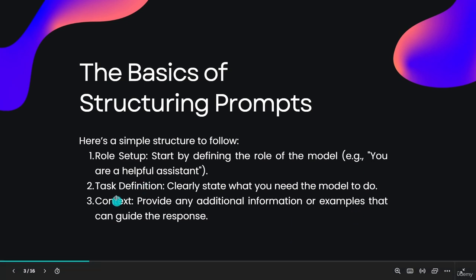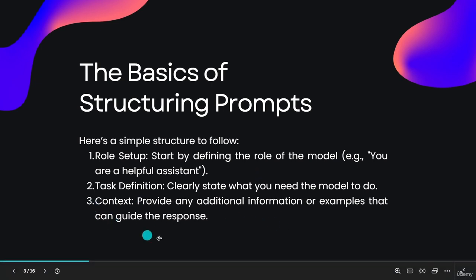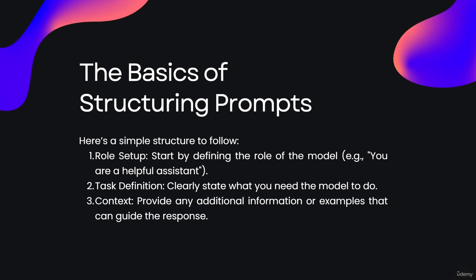After assigning the role, we define our task, which is what I need from the AI. Next, the third one is context. We have to provide background, additional information, or examples that can guide the response.